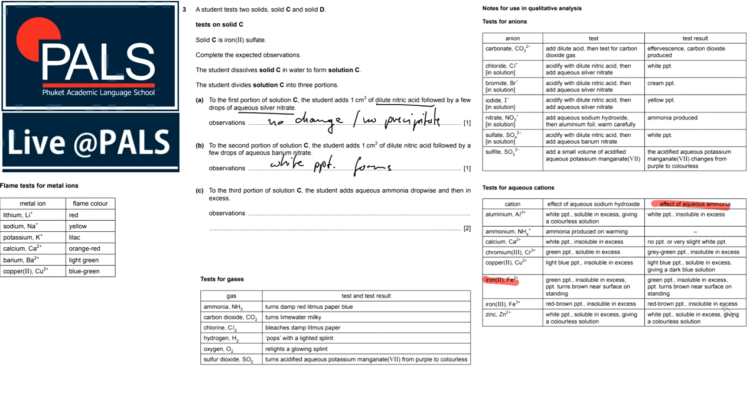Okay, so it's insoluble in excess, which means that we get a green precipitate, which is insoluble in excess aqueous ammonia.